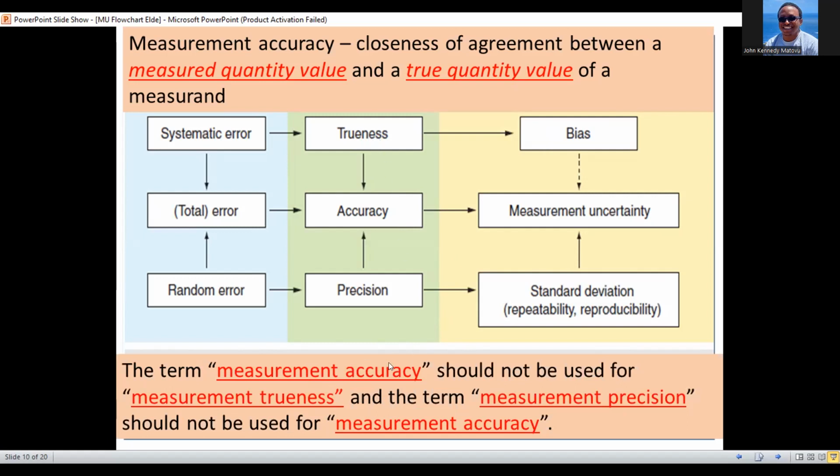So here's what ISO is saying: measurement accuracy should not be used for measurement trueness. They're not equal. Of course, we also cannot use measurement accuracy to mean measurement precision. I hope with this, I have clarified some of your questions, although it was not raised.